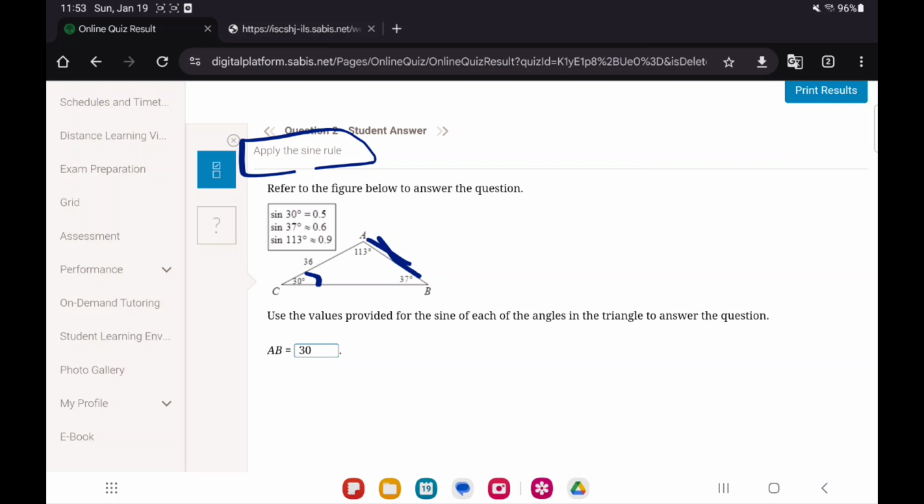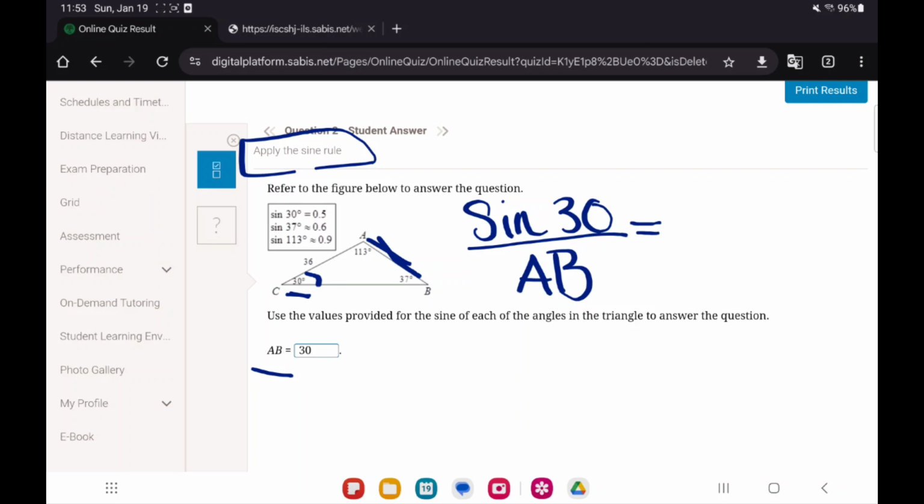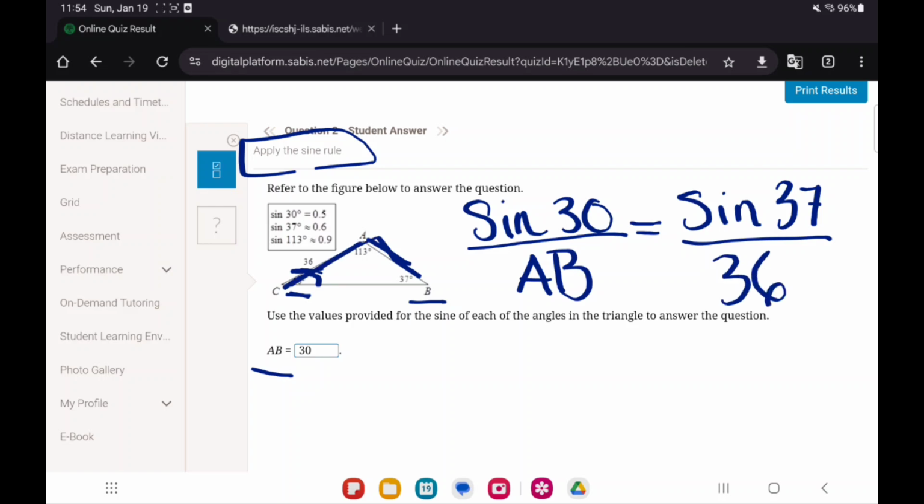So sine C, which is sine 30, over AB, and that's what's missing, equals, let's find another side with an angle where we have both values, because we already have a missing value, so we can't have any more missing values. So sine B, which is sine 37, over side AC, which is 36 here.